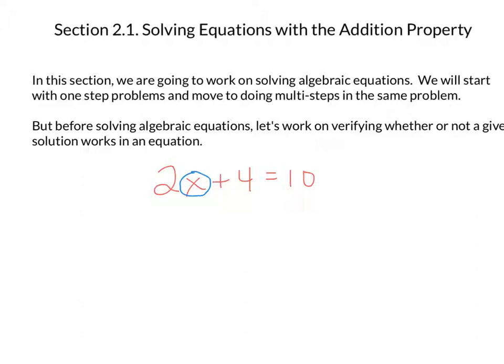So if I put a 3 where the x is, I can then go through and solve this and see if I get an answer of 10. Well, 2 times 3 does equal 6, and then 6 plus 4 does give me 10, so 3 is a solution for that particular equation.